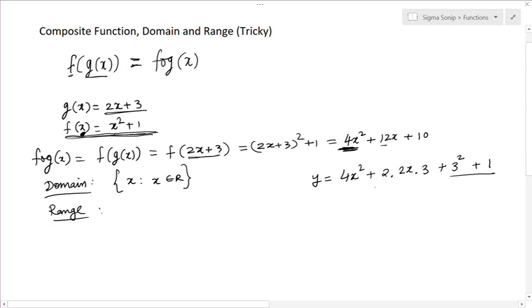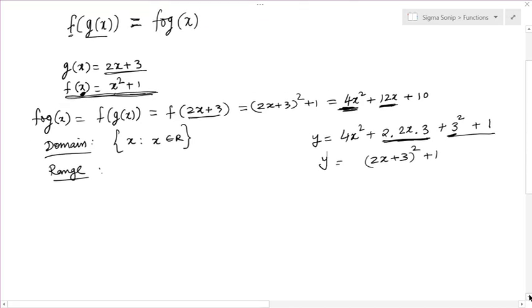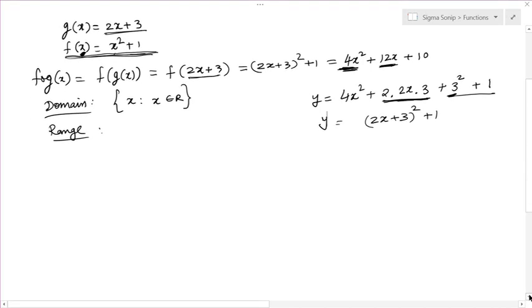What I've done is I've split up this 12x in such a manner that I can see the whole square there by putting this 3 square here. So this is now 2x plus 3 whole square plus 1. We already know about this, we already had it here. So that basically gives us that the vertex of this graph would be minus 3 over 2, 1.